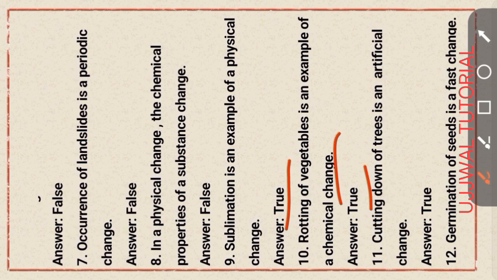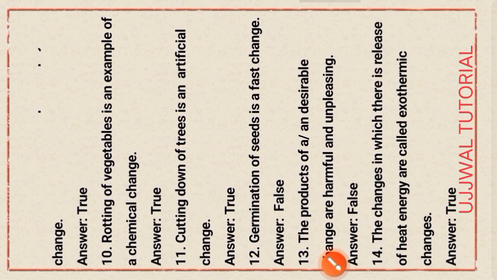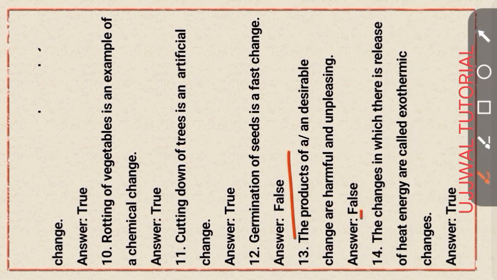This statement is true. Next question. Germination of seed is a fast change. It is wrong. Next question. The products of an undesirable change are harmful and unpleasing. It is false. It is an undesirable change.